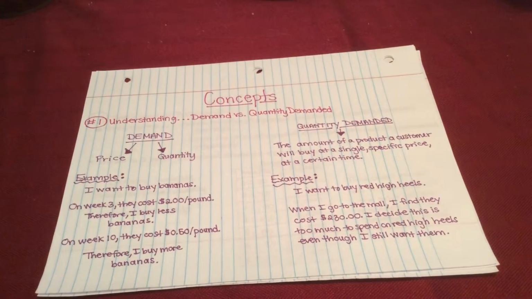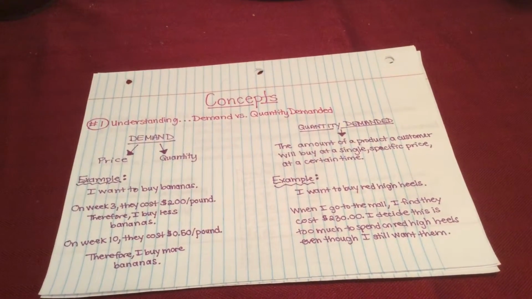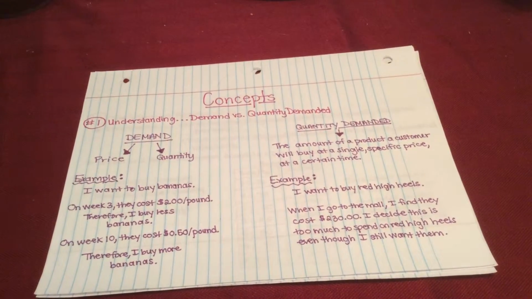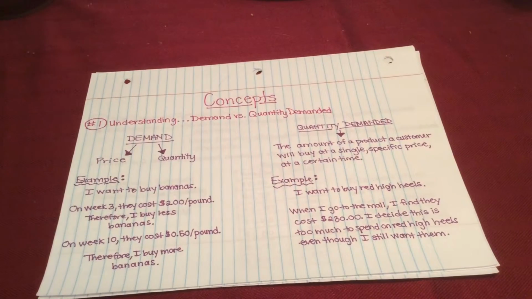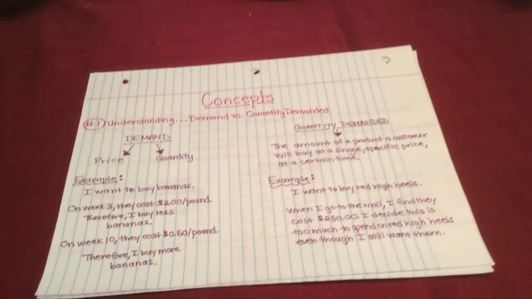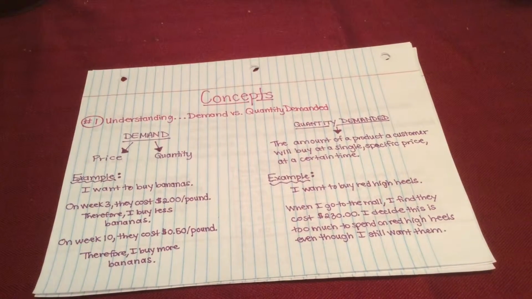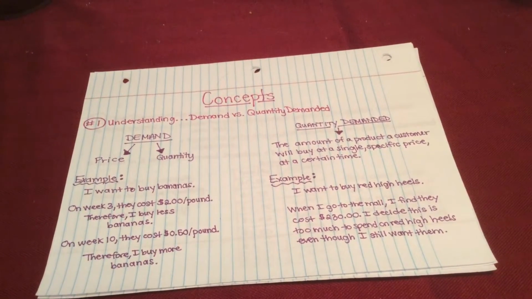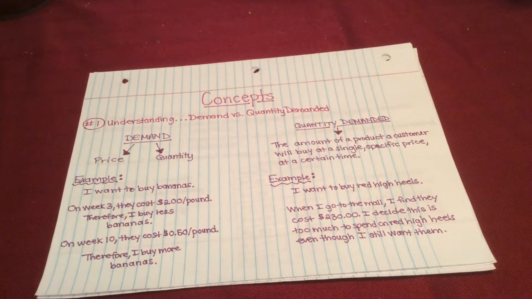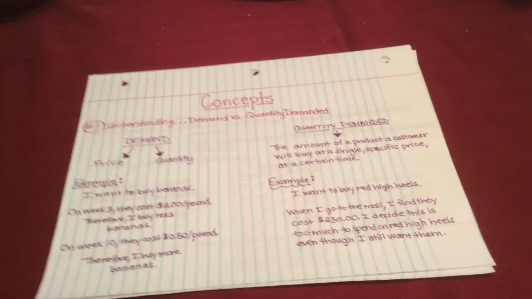Basically, it's talking about a certain time that someone's going to buy something. An example of this would be if I wanted to go buy red high heels, and when I go to the mall, they cost $230. At this specific point in time, I decide that's entirely too much to spend on a pair of red high heels, so I'm not going to get them.